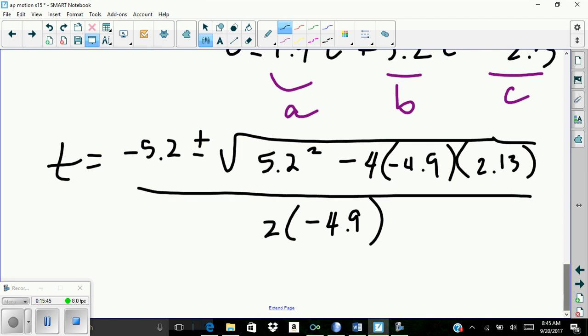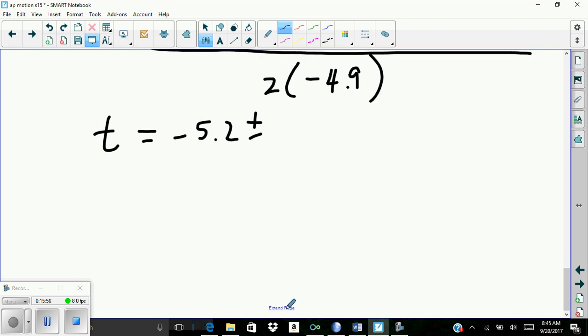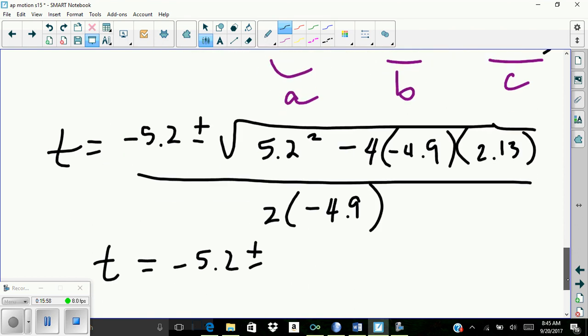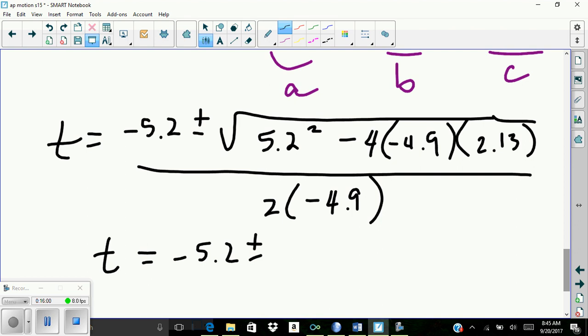Okay, so now what I'm going to do is I'm going to go ahead and solve for the inside stuff. So I end up with t equals negative 5.2 plus or minus. Now I end up with 5.2 squared, minus 4 times negative 4.9 times 2.13.